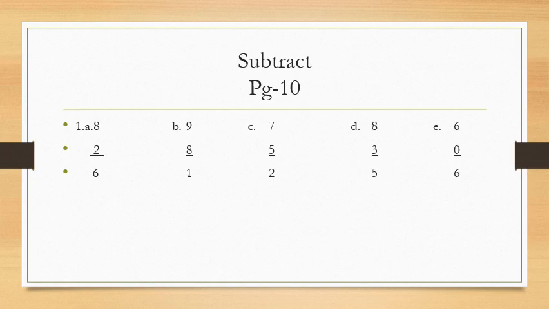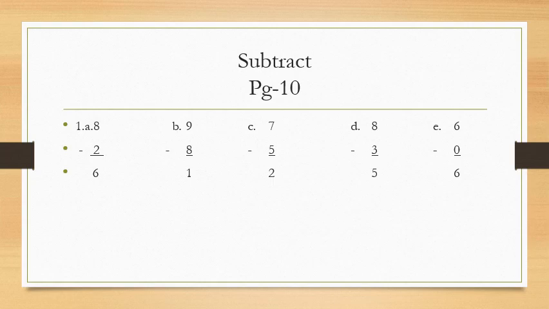Now children, look at the next part. 9 minus 8. So when you subtract 8 from 9, you will get answer as 1. 1 is the difference between 9 and 8.